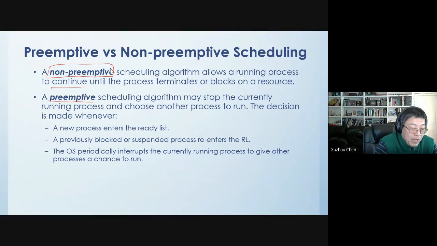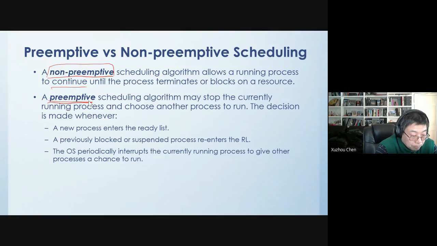Now for preemptive scheduling, the scheduler really has a key. The scheduler can decide to remove the current process off the CPU and allocate the next process into the CPU. So preemptive basically means the scheduler has the power to move processes from the CPU to the ready list, or move a process from the ready list into the CPU.